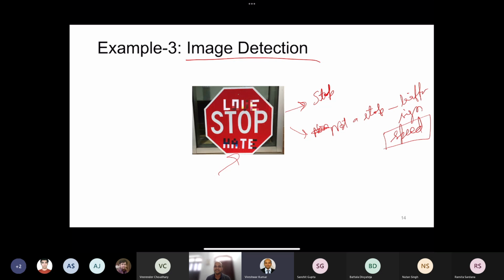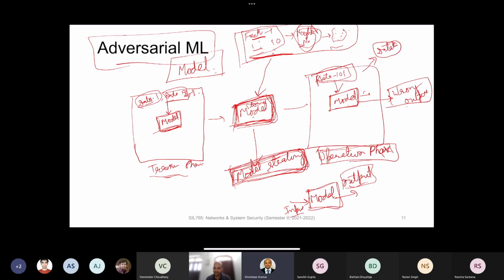In the physical domain, it did something, and the image was taken by, say, the car's camera, and the algorithm processed this image and figured that this is not a stop sign. This is what I said about the attack on the operation phase: the attacker crafts data in such a way that the model gives a wrong output. Any question about the attack during the operation phase?